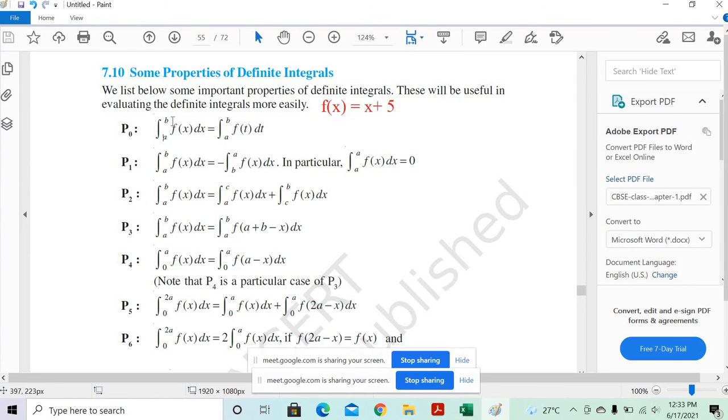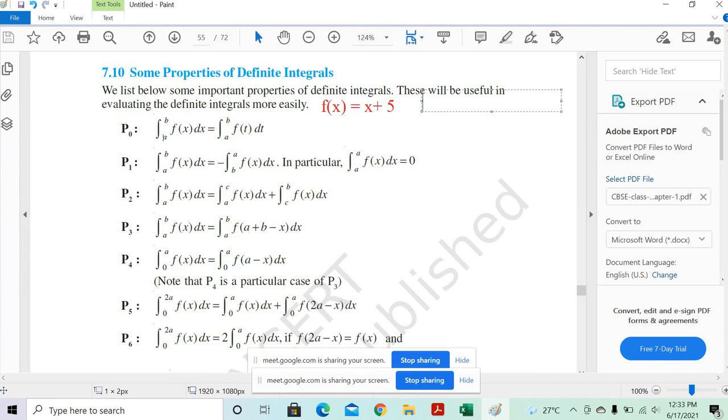Now this was the integration from a to b of f of x dx, correct? Now you put x is equal to t. Then differentiate both sides, dx will be equal to dt, correct? Yes, sir.